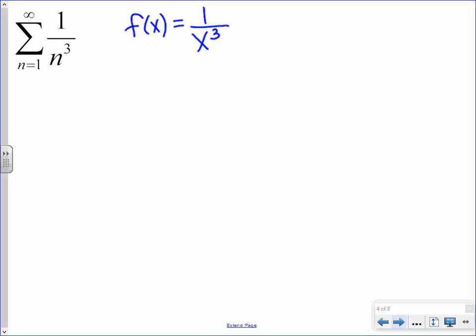Okay, is this a positive function? From 1 to infinity. Is it a continuous function from 1 to infinity? It's not continuous at 0. Decreasing.